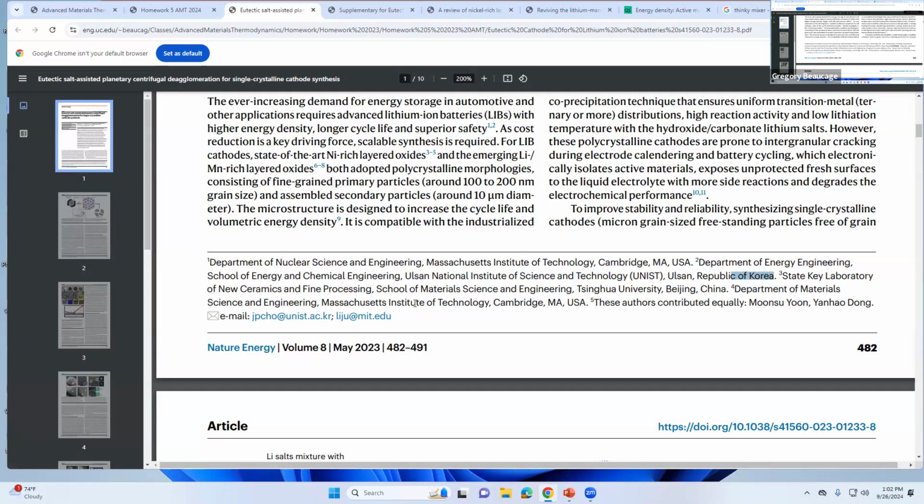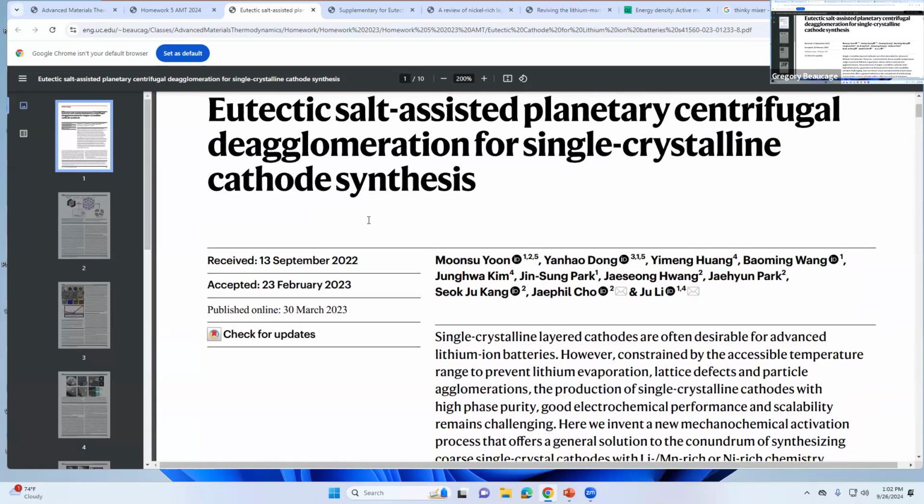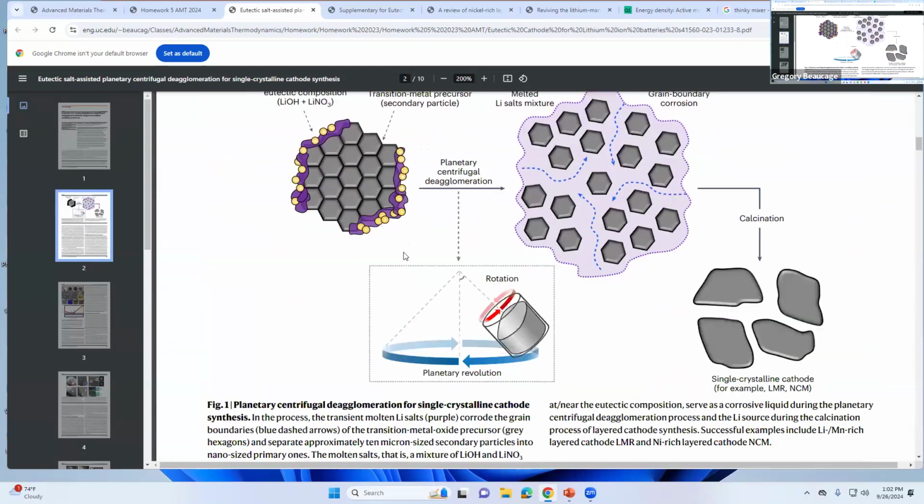And then State Lab, China, and then MIT Materials Science. So they're basically MIT. I don't think the Ulsan one is great. And China's good, but the state key laboratory is probably pretty good, I guess.